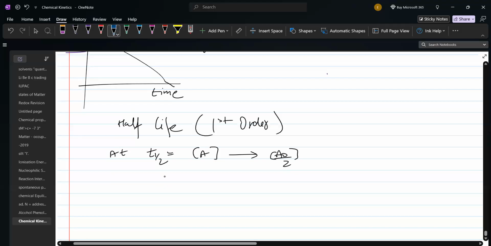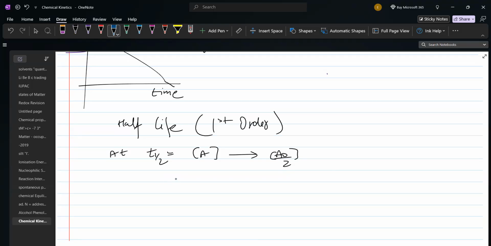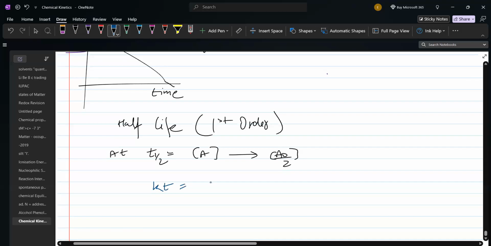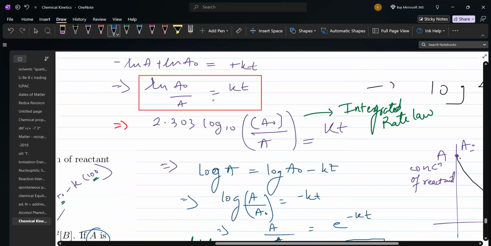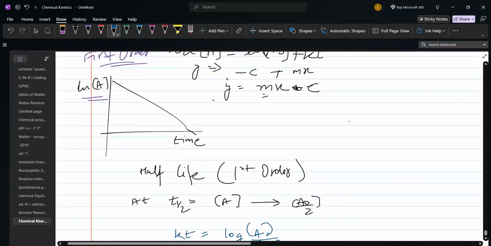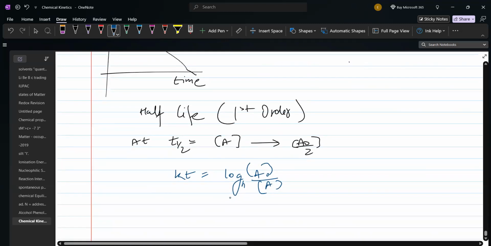So A becomes A naught upon 2, and we will apply this in the formula. kt is equal to ln of A naught upon A. This is log of n, or you can say ln.